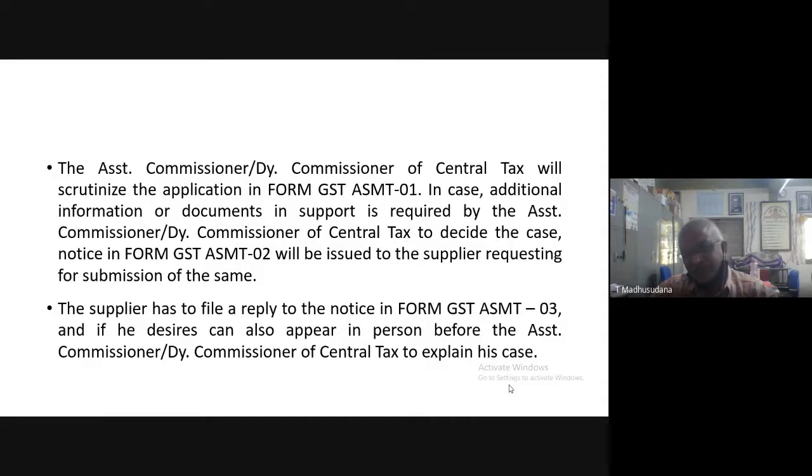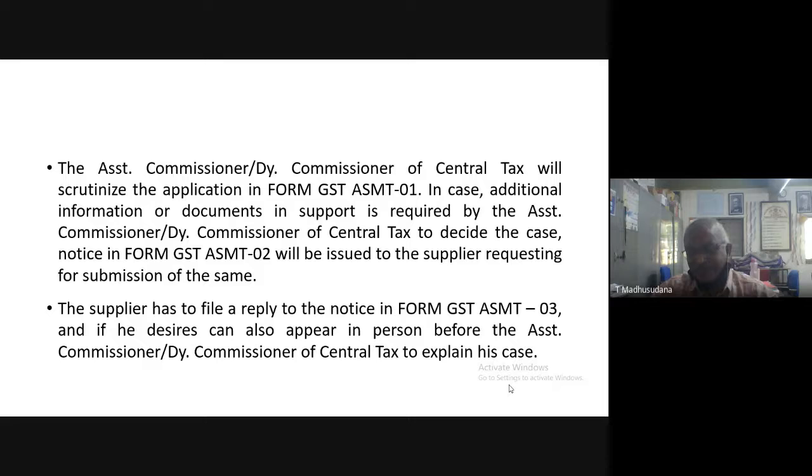Okay, so the customer or supplier can reply in GST assessment 03 form. Suppose if it is necessary, suppose he feels that he has to personally request the assistant commissioner to explain his case, then he can appear in person before the assistant commissioner or deputy commissioner of central tax, and he can explain his case.